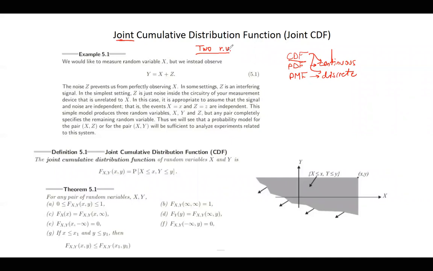Here we have an example. We have a random variable Y. It's written in terms of X and Z as a summation of X and Z. X is a random variable, Z is also a random variable. So the summation is Y, which is another random variable. Now we can model this as a system.